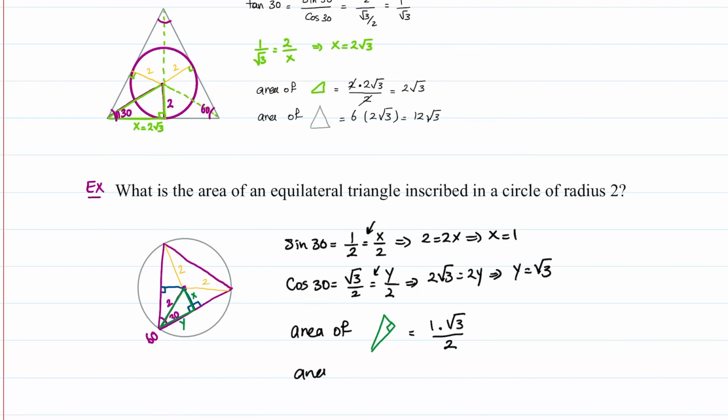So the area of the purple triangle is equal to 6 times root 3 over 2, which was the area of the green triangle, and if I simplify that, I get 3 root 3. Okay, great. That's the answer, the area of this purple triangle.